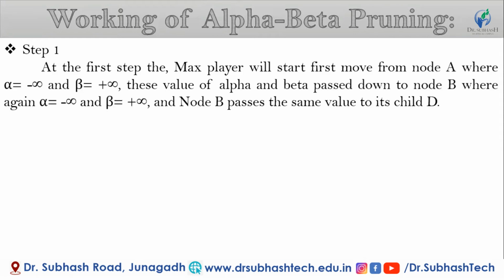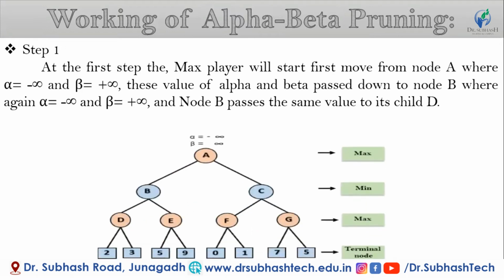Now we will see the working of alpha beta pruning. We have taken an example of a two-player search tree to understand it. In step 1, the max player will start the first move from node A, where A is initialized with alpha equal to minus infinity and beta equal to plus infinity.